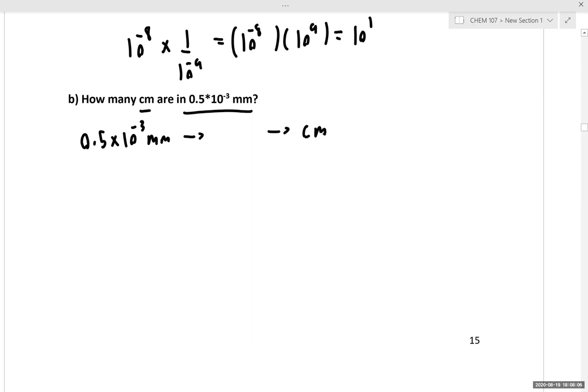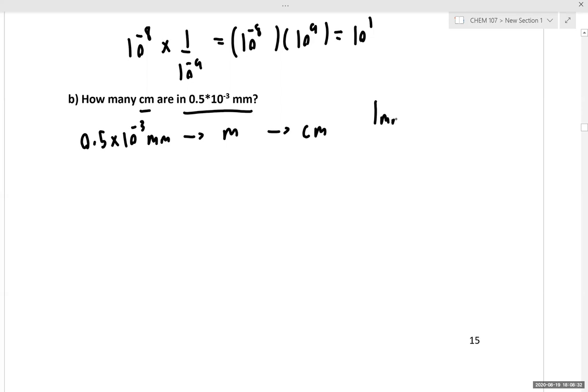So what base unit am I going to go through? Meters, exactly right. Okay, so now that we have this set up, I'm going to write some equalities.